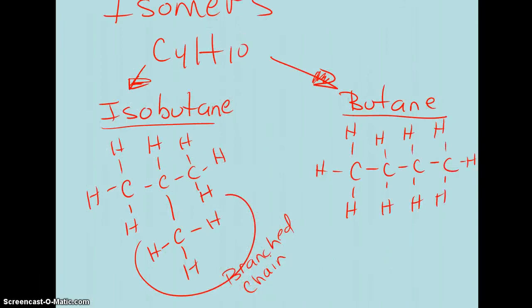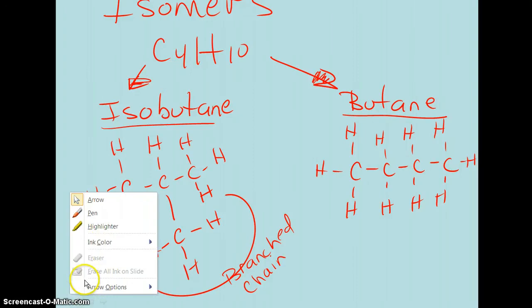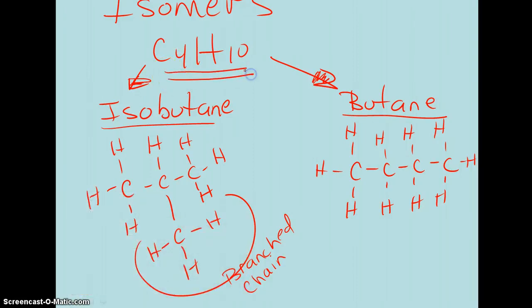Here are my isomers that I was just mentioning. We have isobutane and butane. Again, both are C4H10 right here. But structurally, isobutane is drawn like this. We have our 4 carbons, 1, 2, 3, and 4 in isobutane. But this right here, like I have circled, is a branched chain.